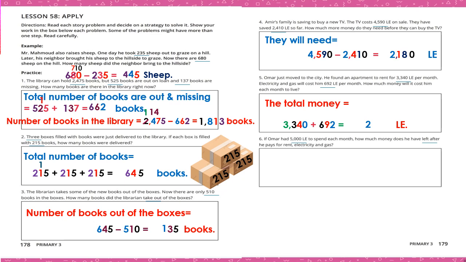After 9, yes, 13. 3 and regrouping 1, or carry up 1. 1 plus 3, 4 plus 6, yes, 10. 0 and carry up 1. 1 plus 3 equals 4. So the total cost equals £4,032.